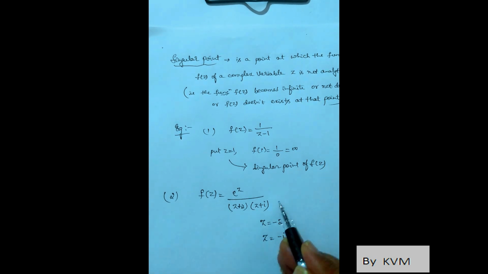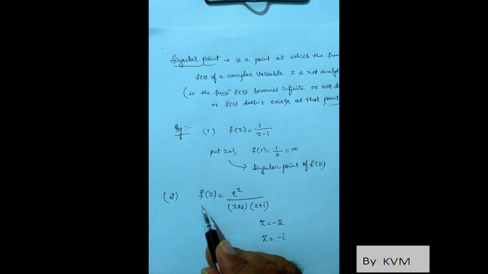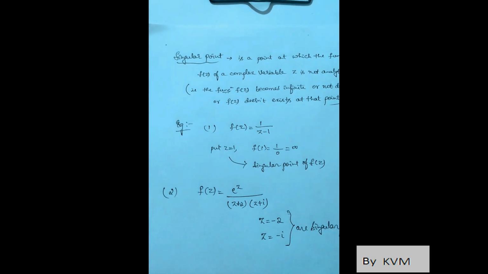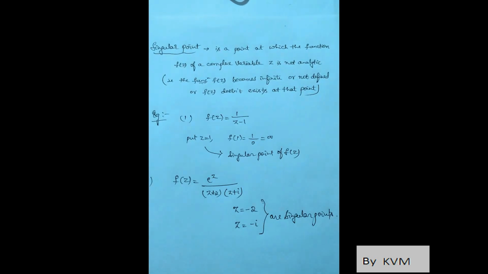So again 1 by 0 is infinite. So at z equals minus 2 and z equals minus i the function becomes infinite. So z equals minus 2 and z equals minus i are singular points. And there can be more than one singular point for the function.